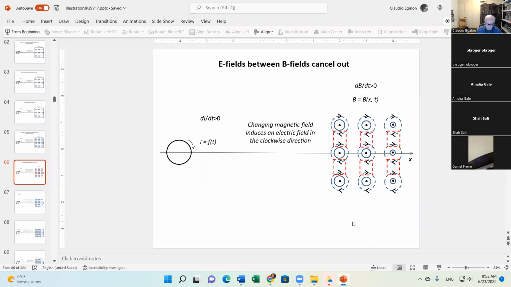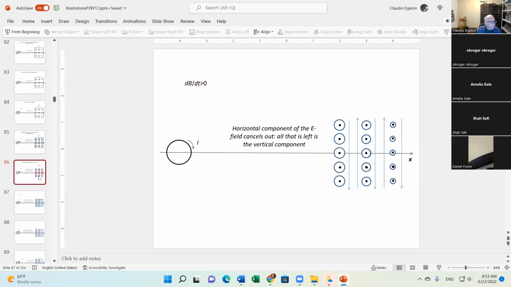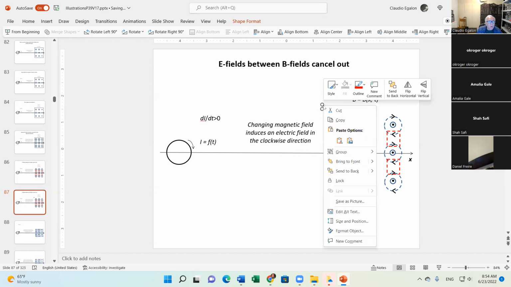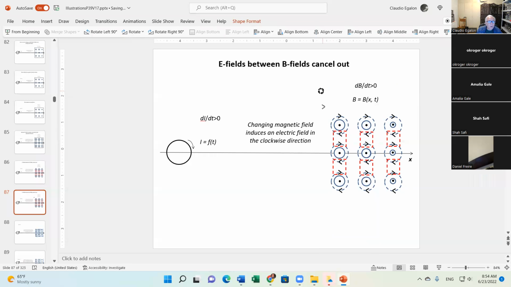But not only that, oh, by the way, not only do we have those fields canceling out, but we also still have E fields here, right? Let me go to the next slide.